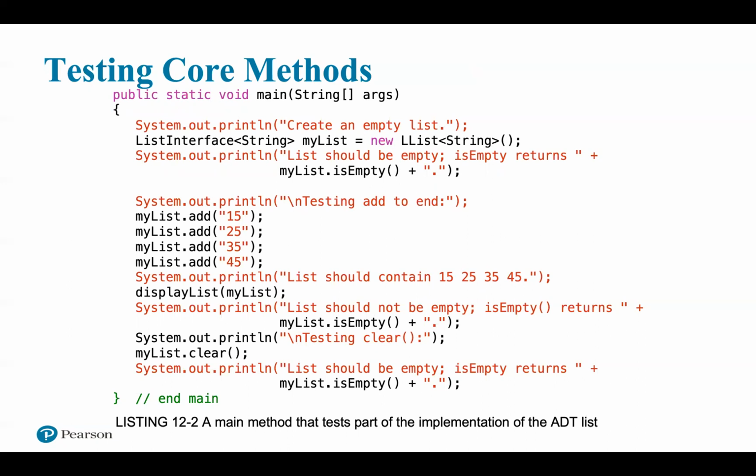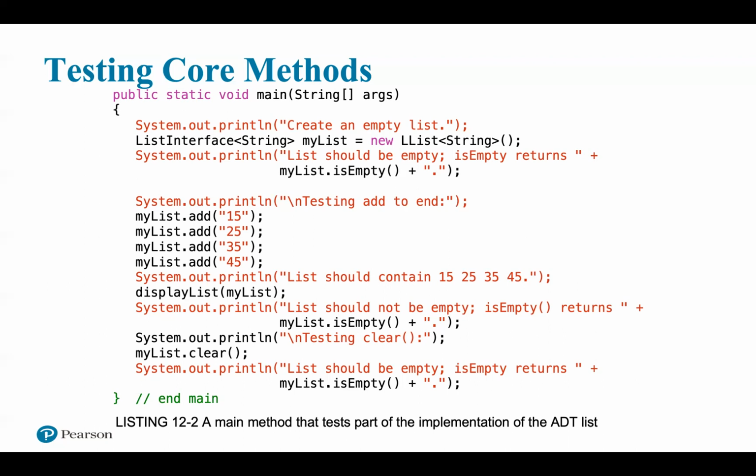Although clear is not a core method, we have defined it, and so we will test it. Lastly, we define the method getLength as a check that the add methods correctly maintain the field numberOfEntries. Although it is not really an essential method right now, its definition is simple and is the same as for the array-based implementation that we saw in the previous chapter.